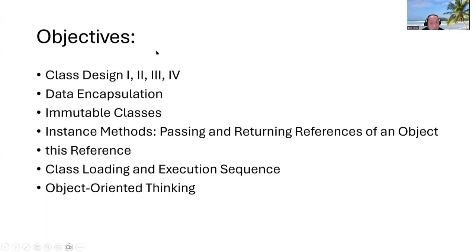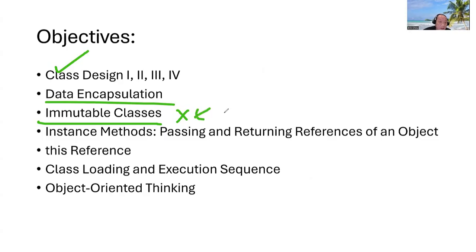So we actually add more topics. For example, class design, data encapsulation and immutable classes. This one was in the previous curriculum, the 2024 curriculum, but now I'm not sure whether 26 will test this one or not.